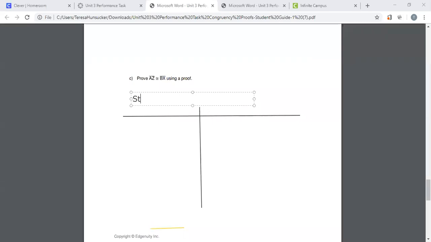There's a statement column, and there's a reason column. And I think we have two givens, right? So number 1, you're going to give me whatever is given, and your reason is going to be given. Statement 2, you're going to give me whatever is given, and the reason will be given.